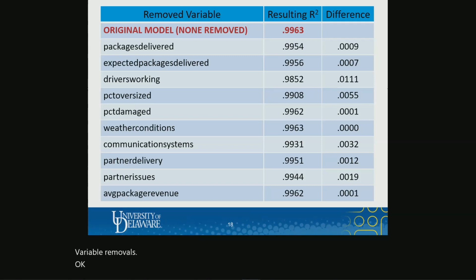Okay. Now, which variable should I remove? Which variable is the best variable to be removed at this stage?